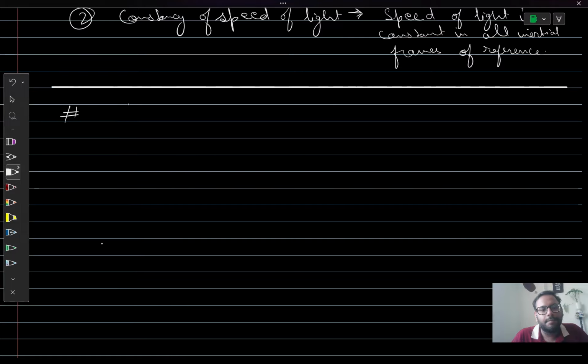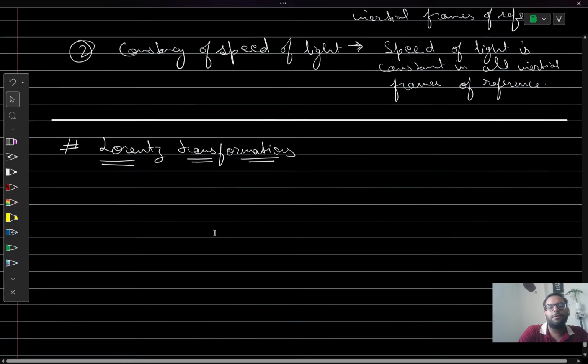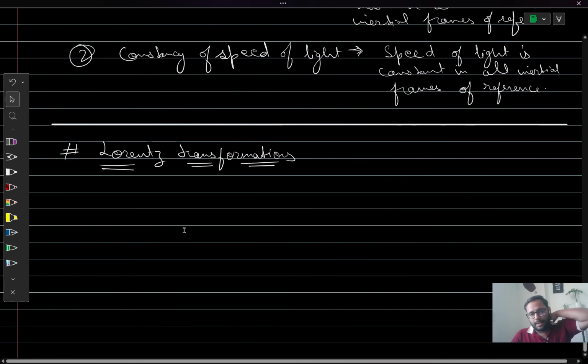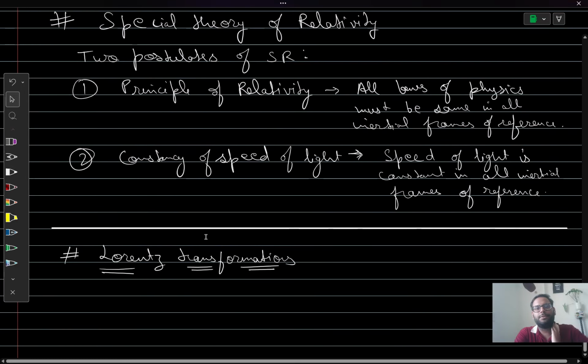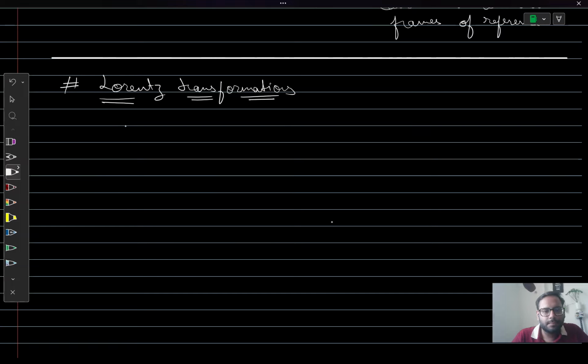Lorentz transformation. It will not take much time. Lorentz transformations were originally introduced by Lorentz, but these transformations can also be derived from just these two postulates of Einstein. Suppose there are two frames, again S and S prime.